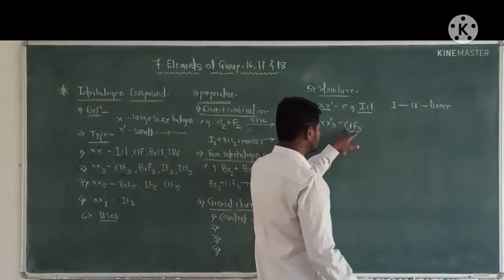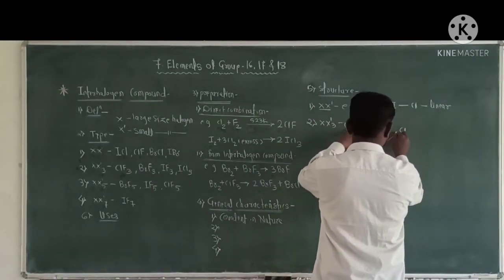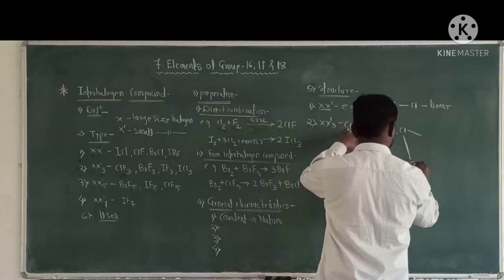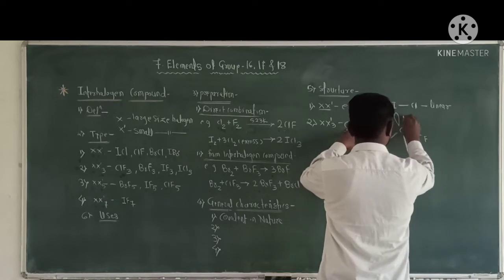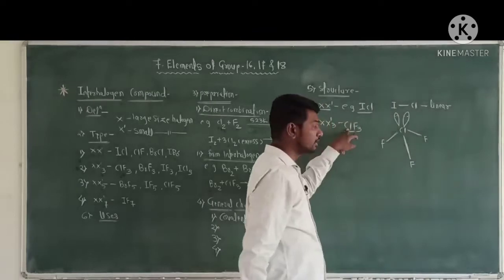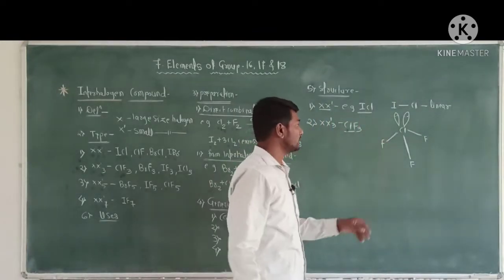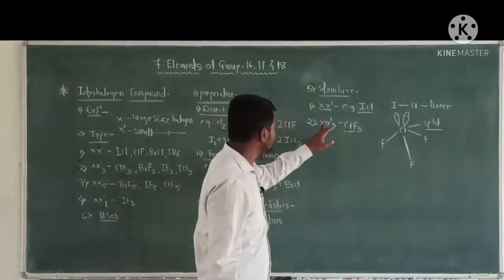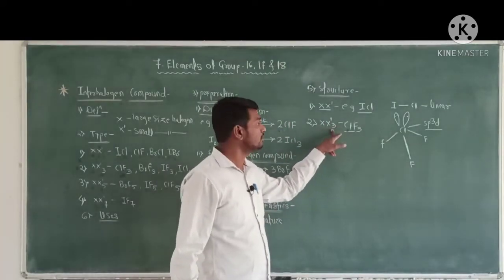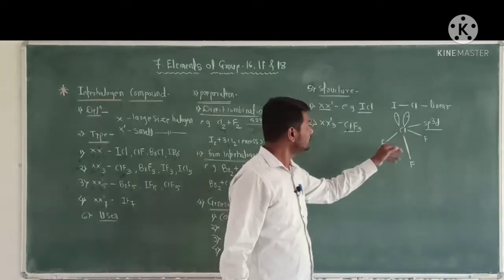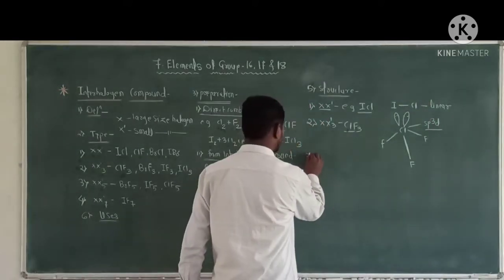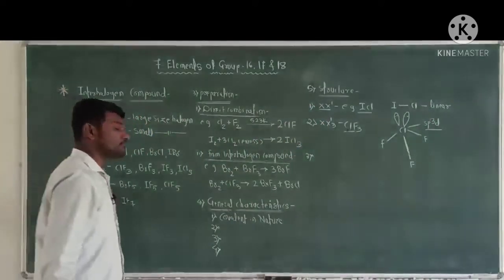Now the structure of ClF3 is a bent T-shaped structure, and the central atom has sp3d hybridization. Now next, third, X X dash 5.